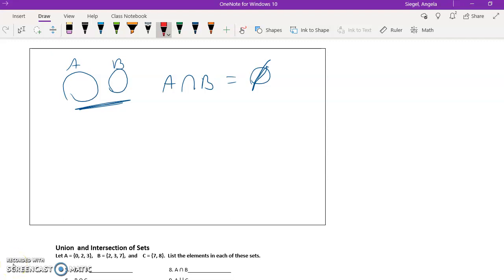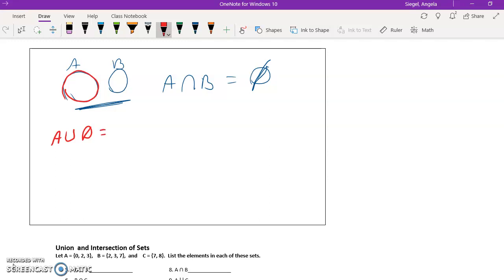Into some more things with the empty set. So if I have the unions, remember that's everything coming together. The union of A and the empty set, which you will see. Okay, so think about, here's our set A. We have this invisible empty set over here. So union is everybody coming together.